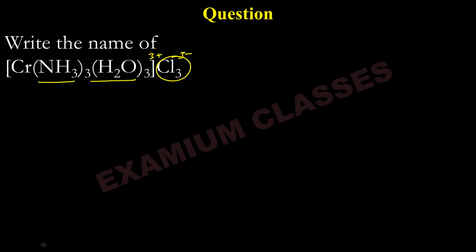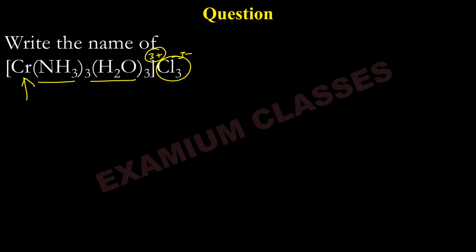Remember, one important point which was not written anywhere, and that's why it is a problem. If you have the primary valence written afterwards, you will just write it as chloride. You will not write tri, di, etc. There is a reason. The reason is you have already covered this in the oxidation state of this chromium.